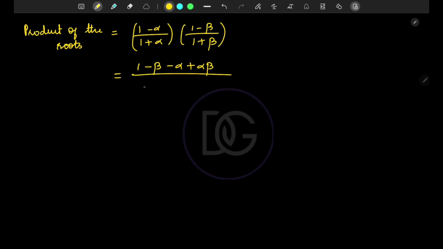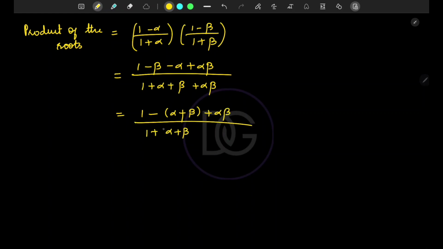Likewise, in the denominator all are positive, so all the signs for alpha and beta stay positive. Then in the numerator we can take minus as common for alpha and beta, so 1 minus (alpha plus beta) plus alpha beta, divided by 1 plus alpha plus beta plus alpha beta.